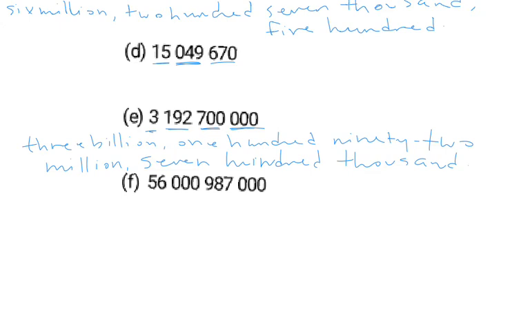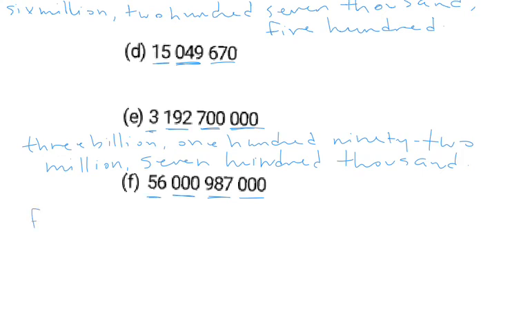Okay? So likewise, if we look at the last example, we have nothing in the ones, 987 in the thousands, nothing in the millions, and 56 in the billions.